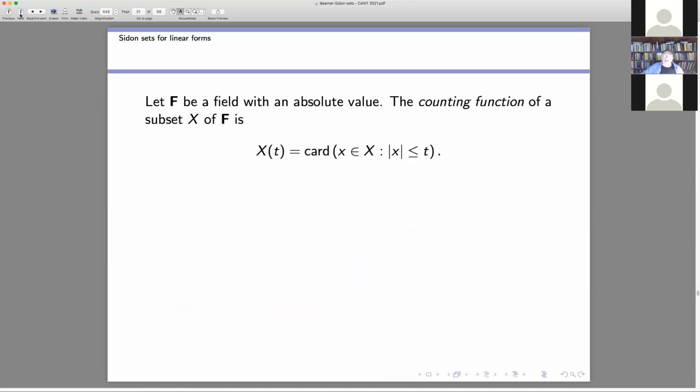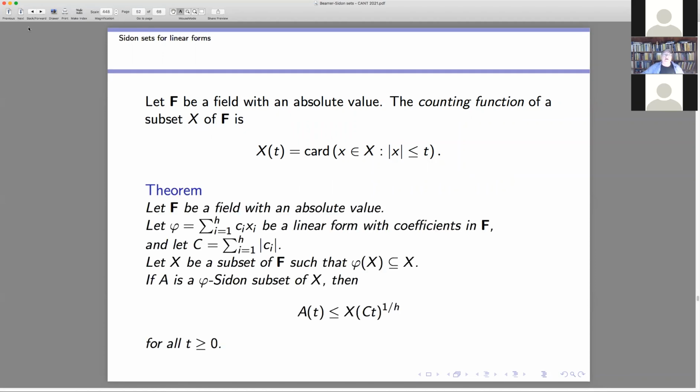a variety of contexts. So you can give simple estimates for the size of Sidon sets for a linear form. If you have a field with an absolute value, the counting function of a set X just counts the number of elements x whose absolute value is at most t. And you can get the same kind of essentially trivial upper bound for the size of a Sidon set for a linear form.